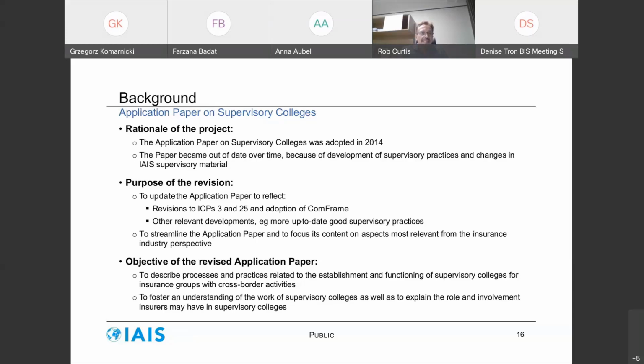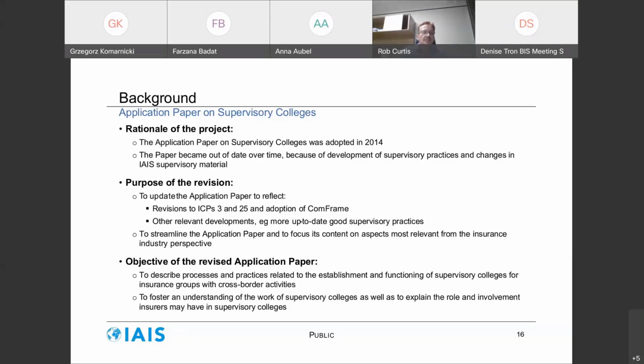At the same time, more granular aspects of supervisory cooperation within colleges, not really relevant from an industry perspective, have been moved to an implementation guide, which will be available only to supervisors, being the IAIS members. With this updated and streamlined application paper, we aim to foster an understanding of activities of supervisory colleges, as well as explaining the role and involvement of insurers in the work of supervisory colleges themselves.